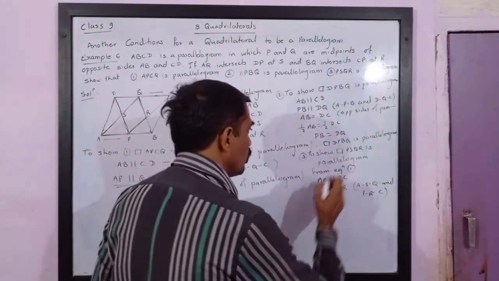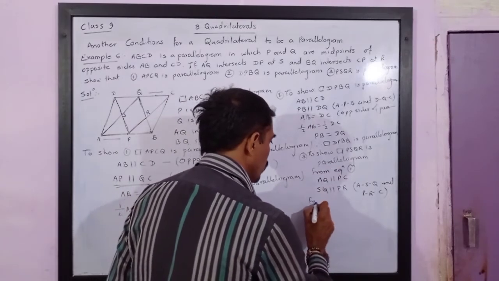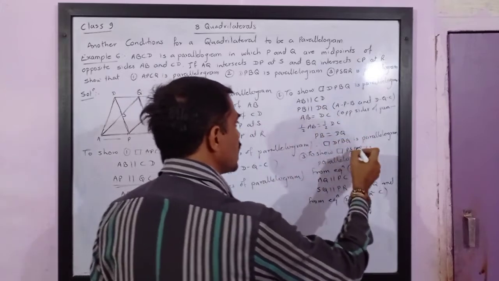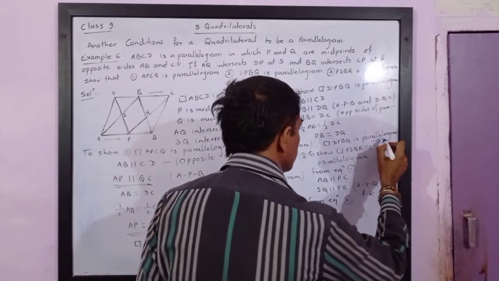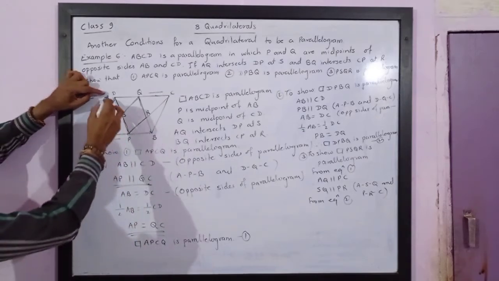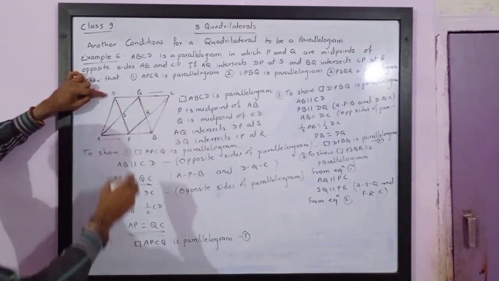Now, from result 2, DPBQ is a parallelogram.